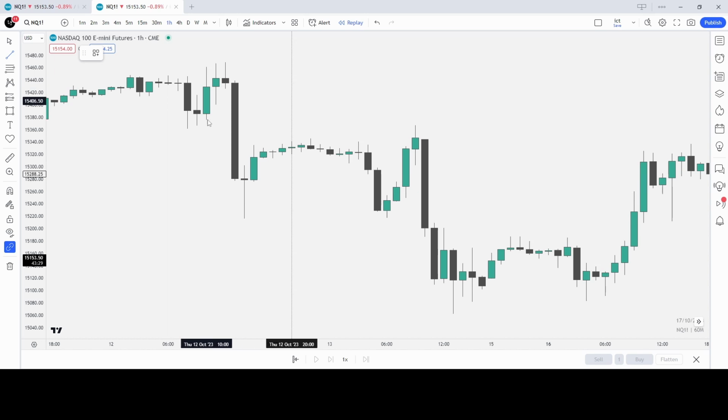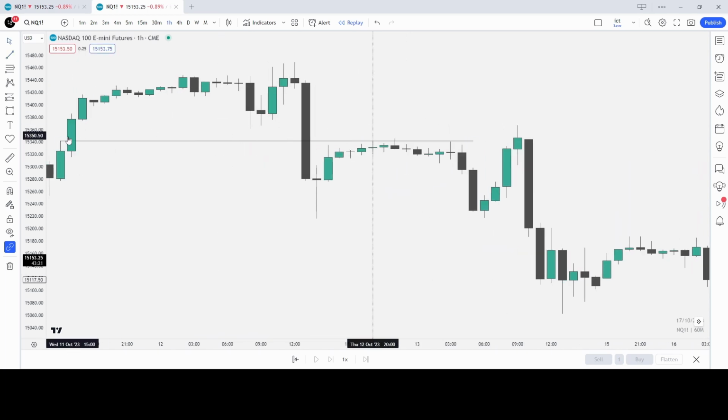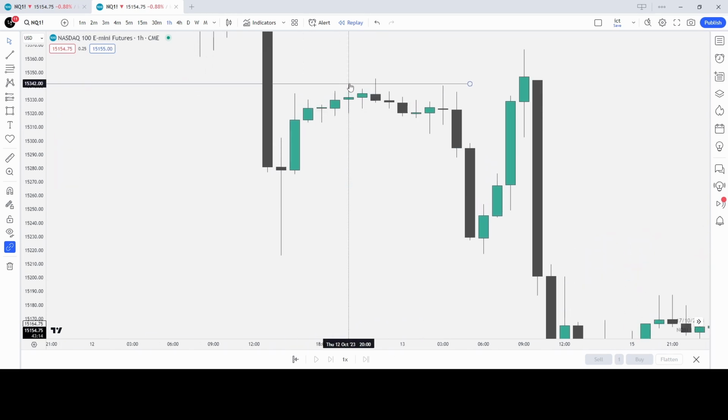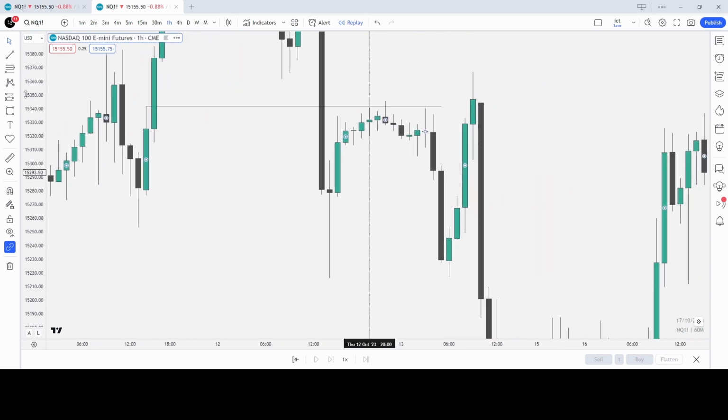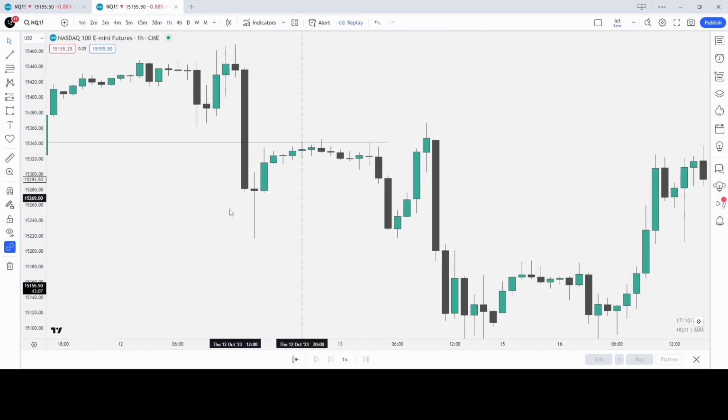As you can see, we have this gap here, which has an inversion gap on the other side. So if we pull that across, as you can see, this inversion gap comes across and we mitigate it on the 8 o'clock open. So 8 o'clock runs up into the gap and we are also inside this larger gap.